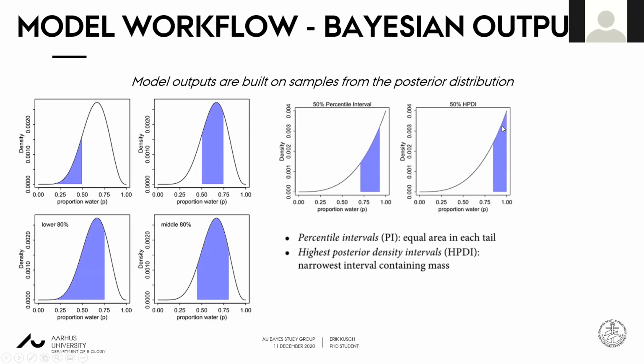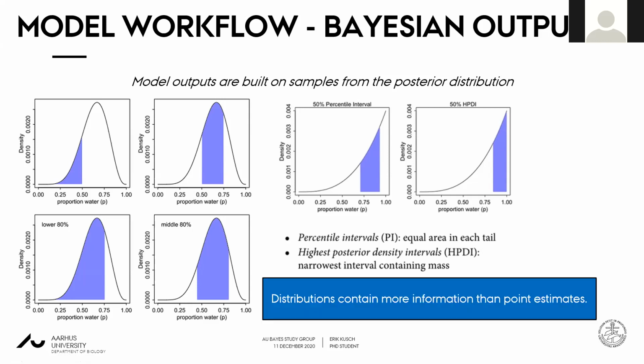So looking at how these two intervals differ from one another can tell you a lot about how skewed your posterior distribution can be. And then it all becomes a question of which one to report and whether to even report intervals in that case, instead of just showing the full posterior distribution.